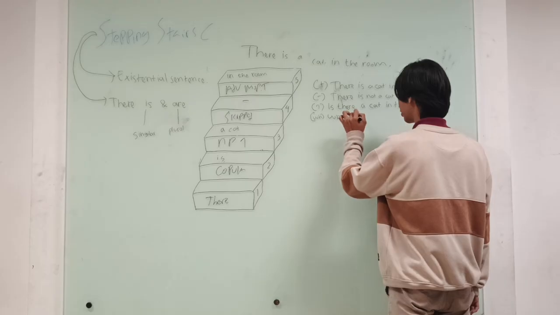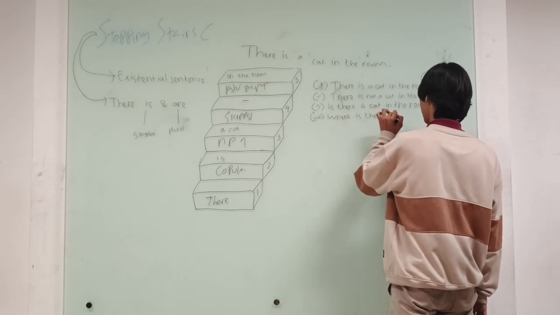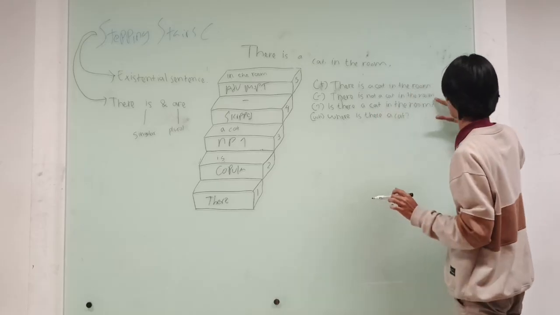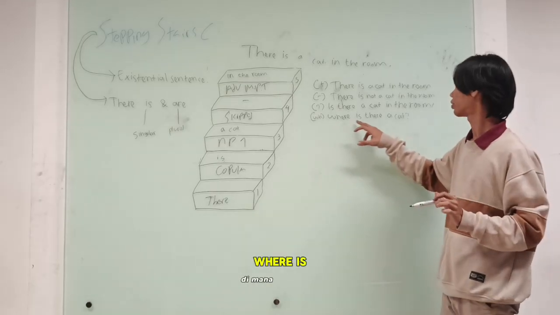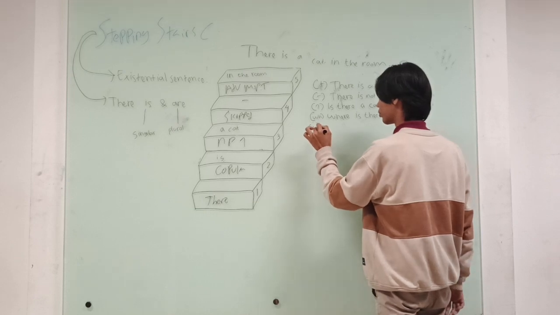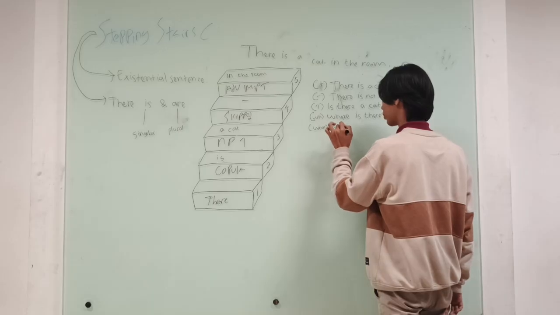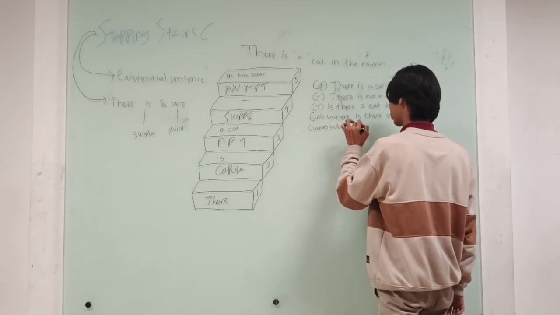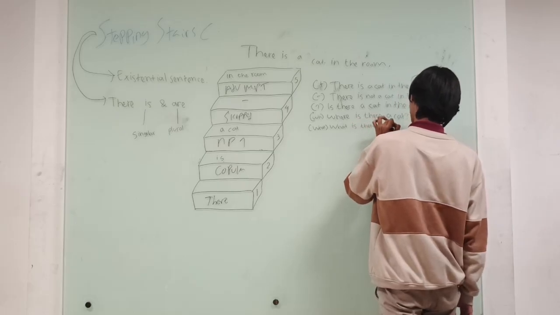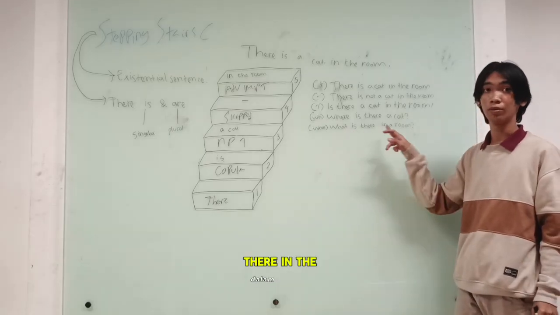Where is there a cat? And the next, "what." What is there in the room?